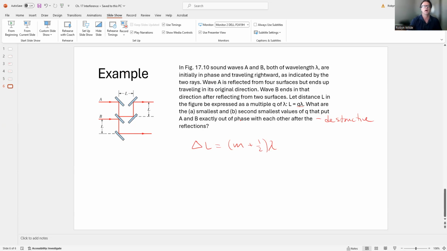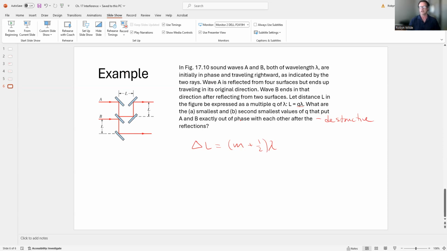So if I look at A, I go through the same distance as B until I hit the first mirror. And then what happens is I go through 1L, 2L, and 3L, and then I'm out. Right, so I've gone through 3L in my reflections. Now let's look at B. I'm going to hit here and I'm going to go 1L and then 2L, and then I'm out and I'm back to the same point that sound wave A is.